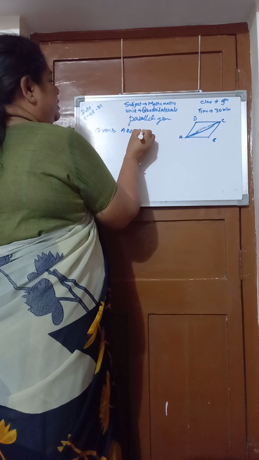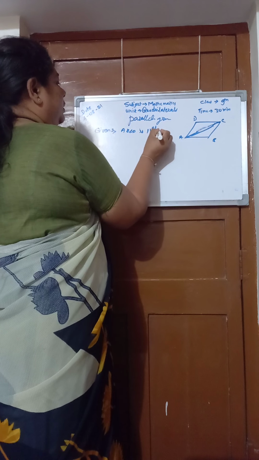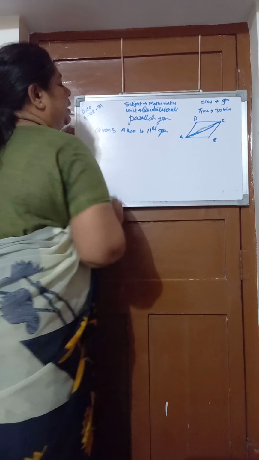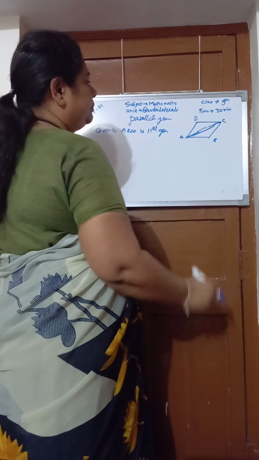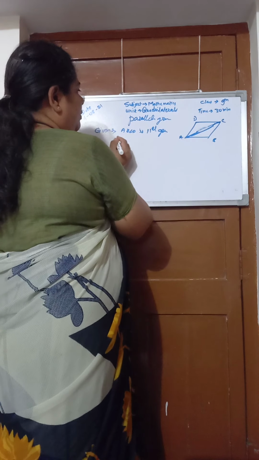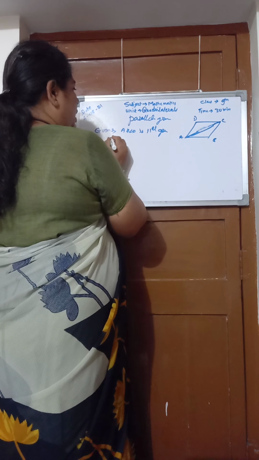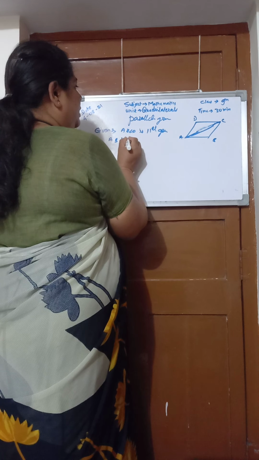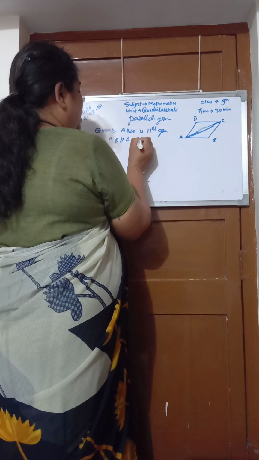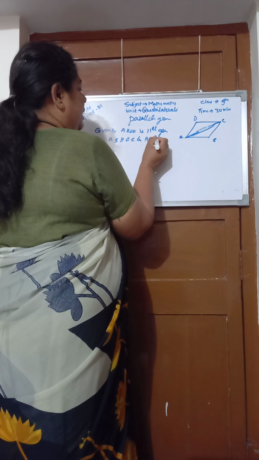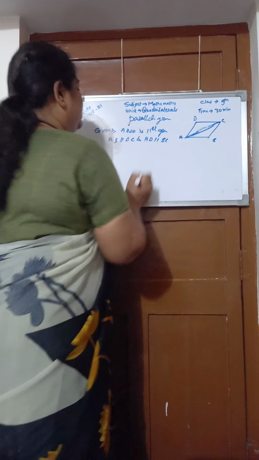ABCD is a parallelogram. Okay, as it is a parallelogram, AB parallel DC and AD parallel BC. It is given.